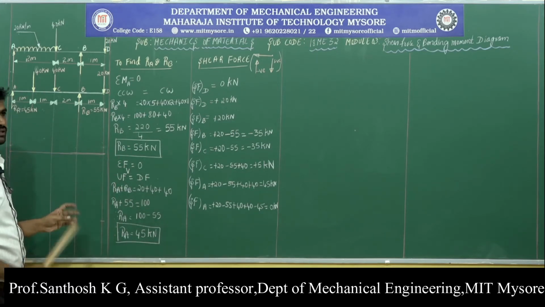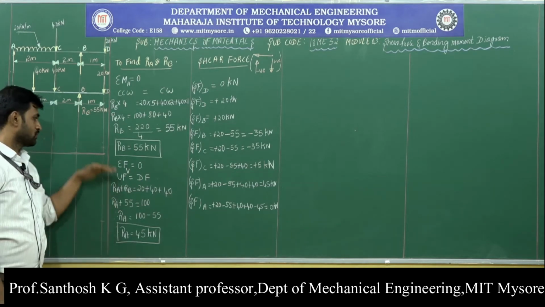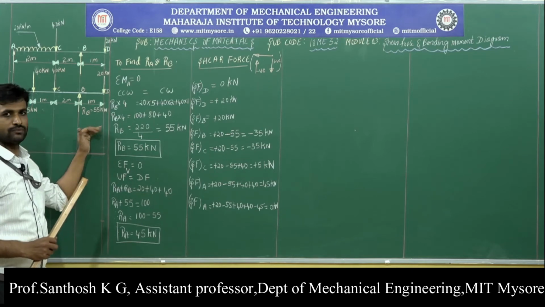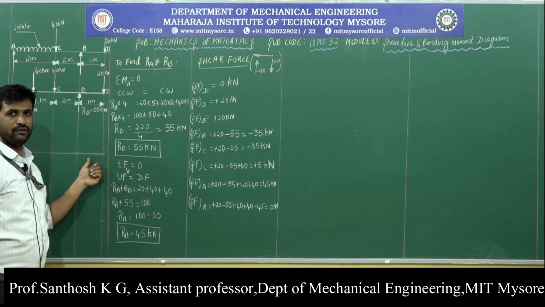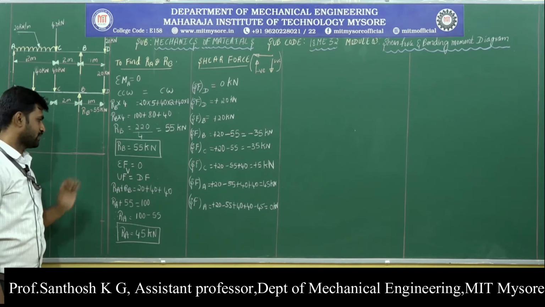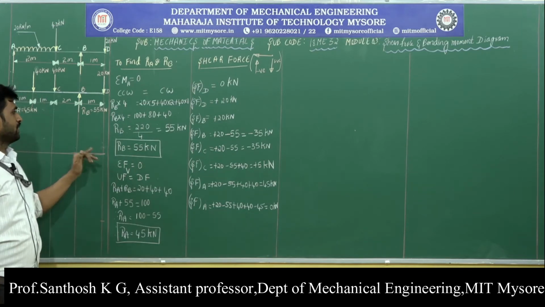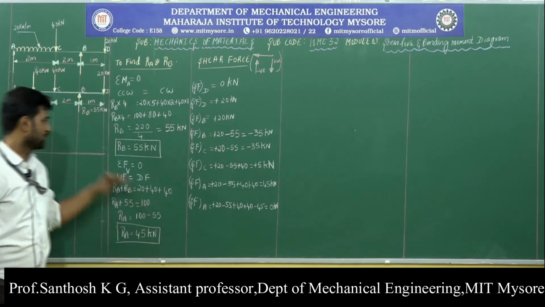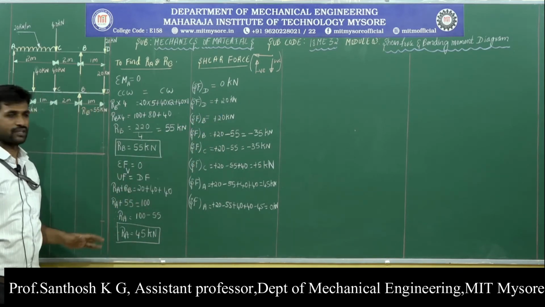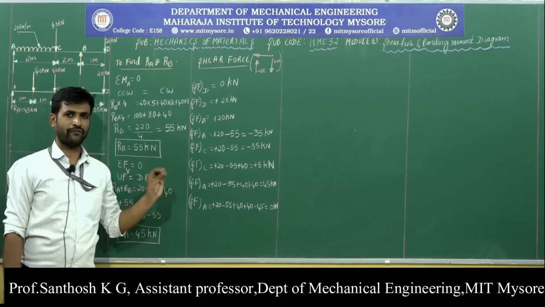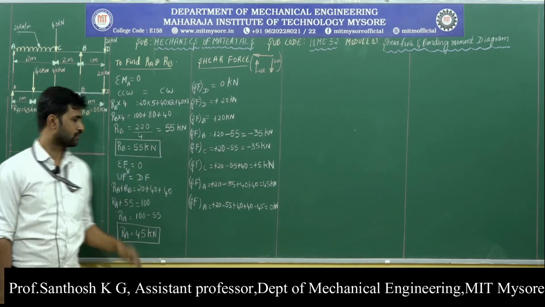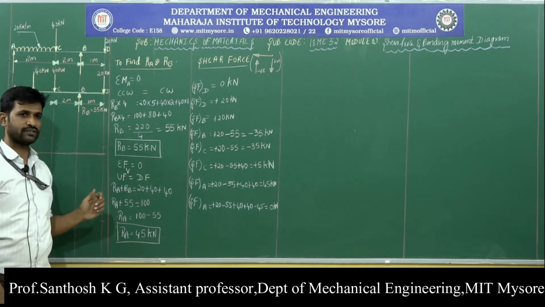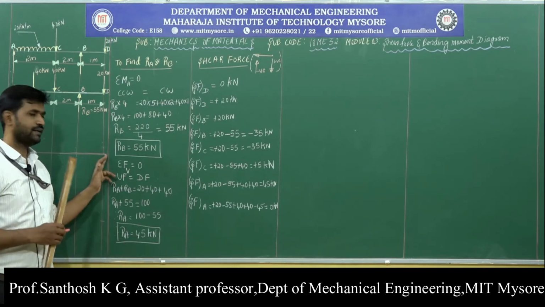Once you draw the reference horizontal line, if you are having any positive shear forces, they should be written above the reference line, and if you are having a negative shear force, then it should be written below the reference line. So, this reference line will be at 0.